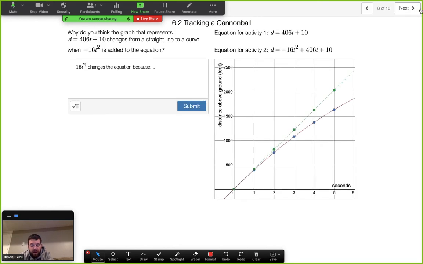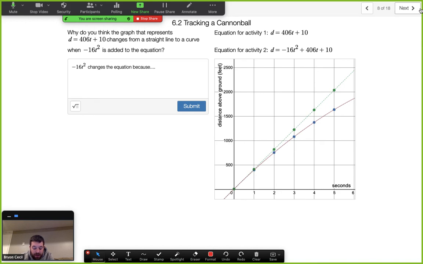Now, how does the negative 16 change it? I'm going to go with how IM says it, because I really like the way they describe it. Before the term was added, the height increased 406 feet every second. We saw that straight line. After it was added, it decreased how much the cannonball travels by some amount.